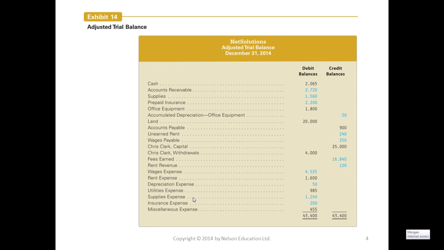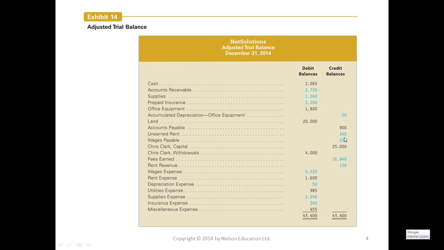The next type of adjusting entry we learned about was unearned revenue. Unearned revenue, if you remember, is when a customer pays us upfront for services we haven't yet performed. So when we first receive that money from the customers, it's a debt or a liability that we owe to them. So one example on this particular trial balance is unearned rent. In unearned rent, we have $240.